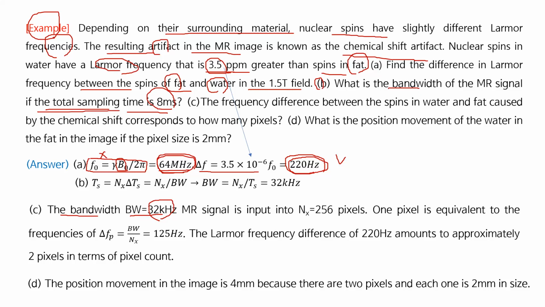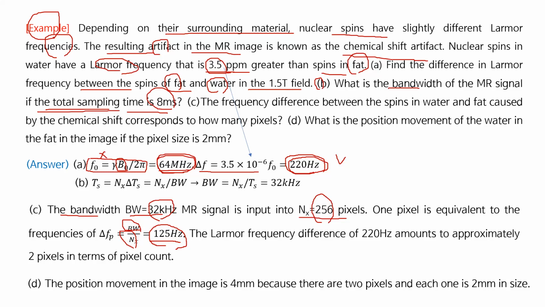As we put it into 256 pixels, 1 pixel is equivalent to the frequency of bandwidth divided by 256. So 125 Hz. Okay.